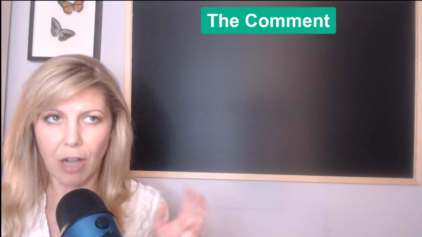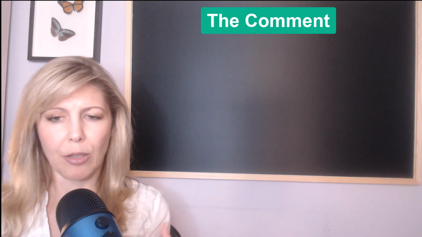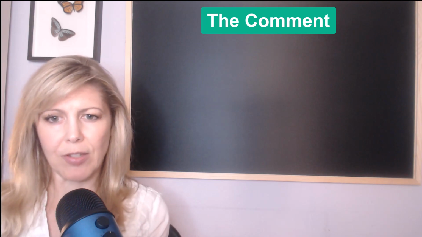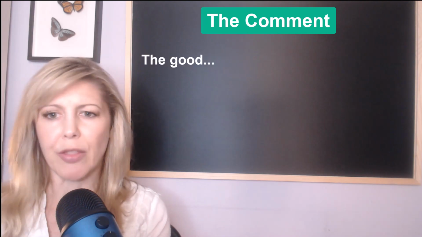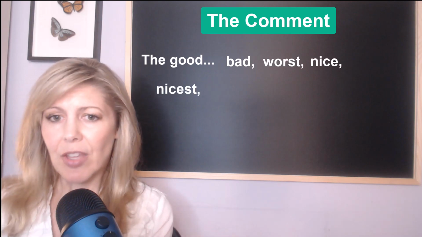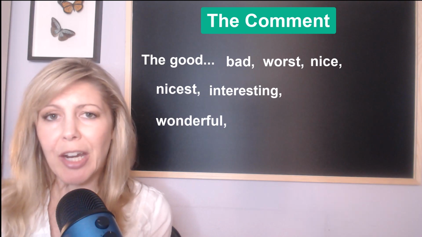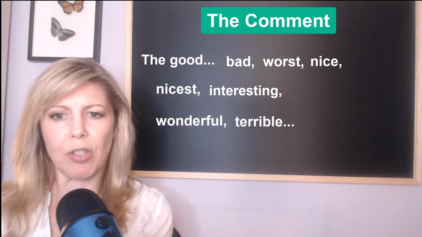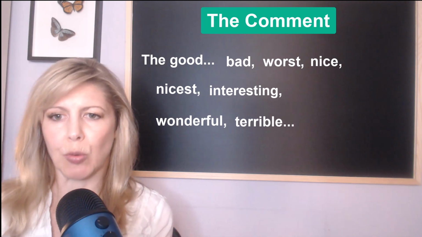When I talk about the comment, it's that first part of the sentence where we say the good, the bad, the worst, the nice, the nicest, the interesting, the wonderful, terrible, all those adjectives we start with to describe.